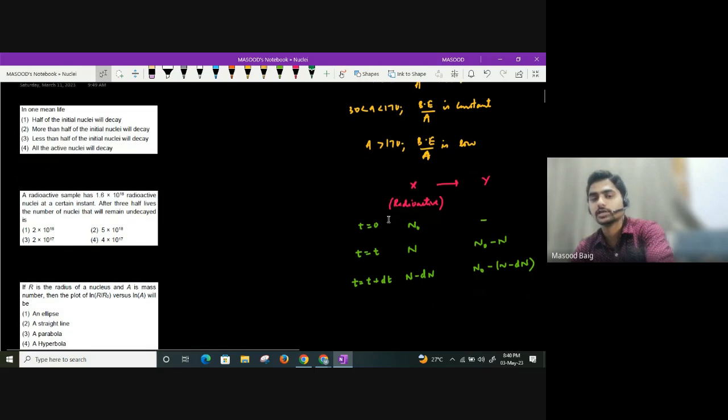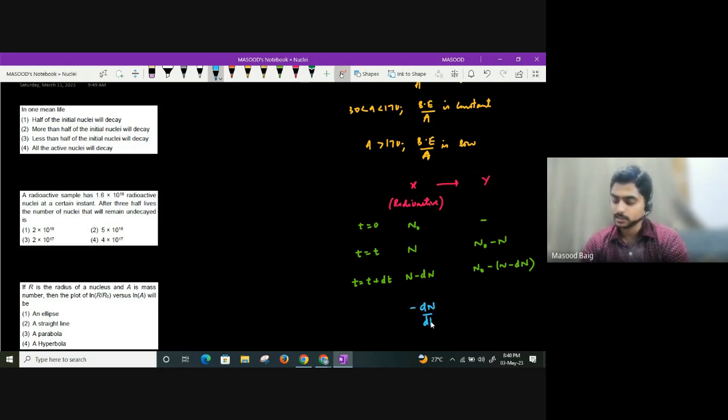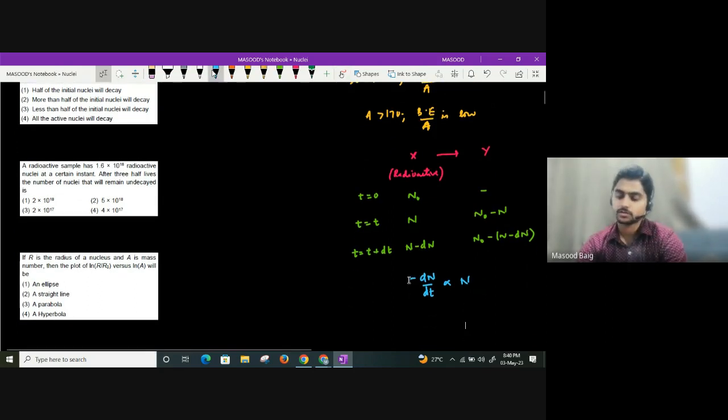As per the law of radioactivity, the rate of disintegration, that is, initially you have N, and after a very small time dt, dN nuclei got disintegrated, is proportional to the number of nuclei left at that instant. If you remove the proportionality sign, we get the decay constant lambda times N. So minus dN by dt is called your rate of disintegration.